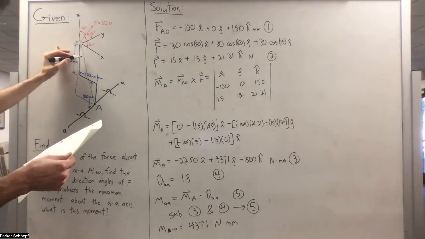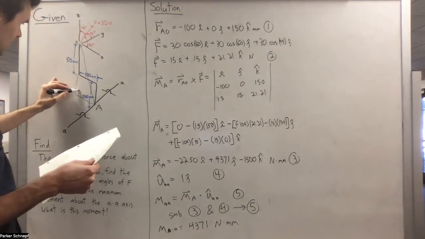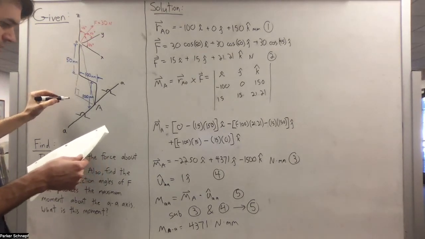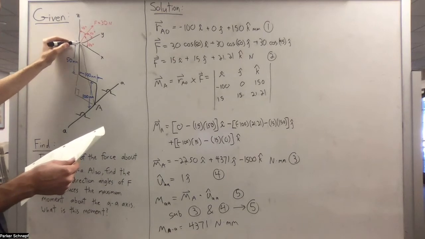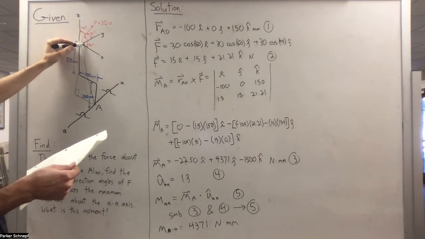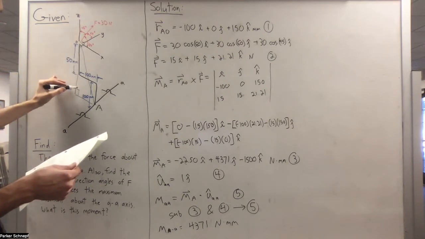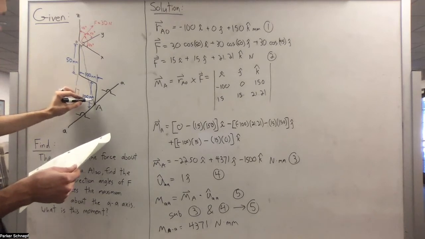It's a little bit tricky to talk through, but we want our alpha, or our angle from x, to be square with that.